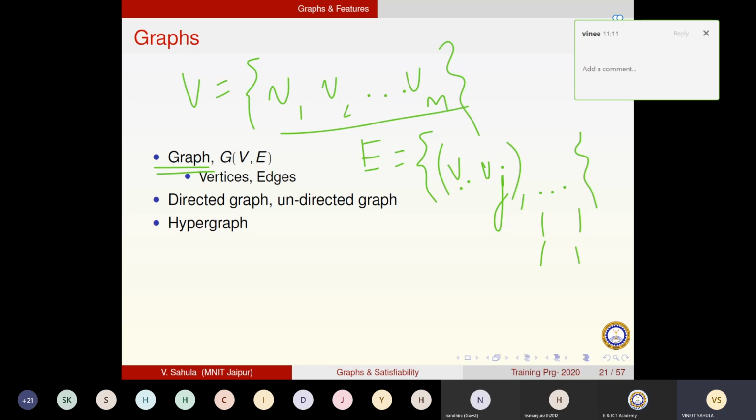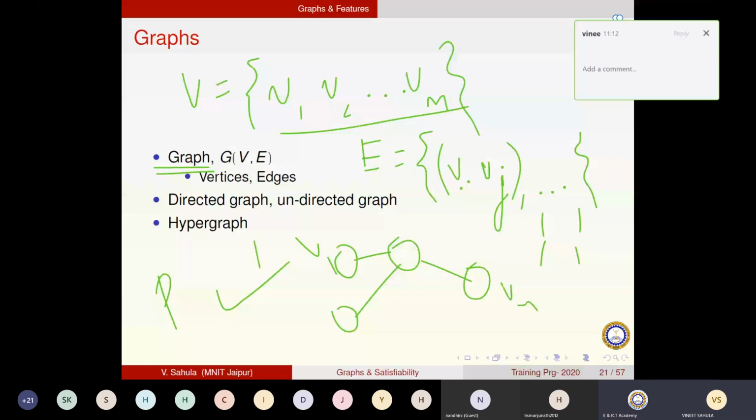So to represent these vertices, you draw small dots, one for each, V1 to Vn, and join them by these pairs. So each edge is now one line joining two vertices. Each circle is now a vertex. So this is the pictorial representation of the graph. But from a research point of view, a graph is actually a set theoretic element.